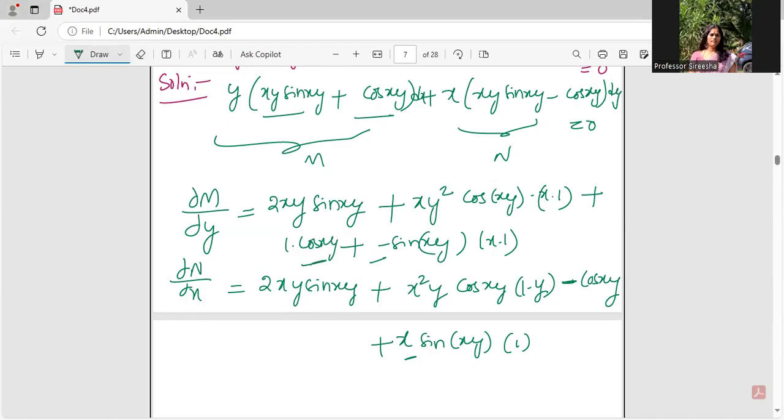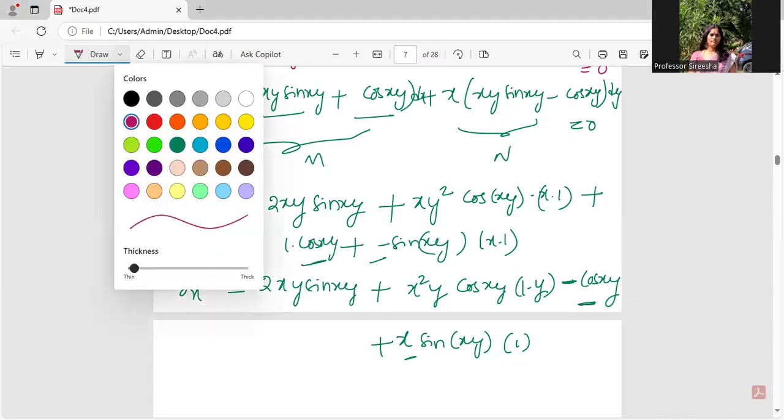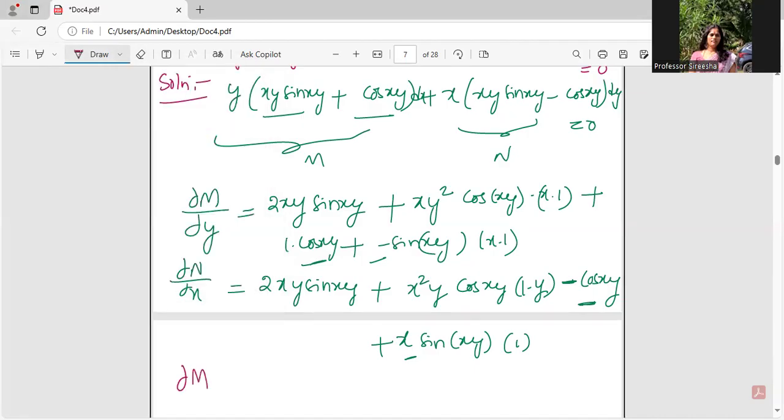This term and this term are same, but there's a change in the sign, plus and negative. So obviously, dou M by dou y is not equal to dou N by dou x. The given differential equation is not exact. You will write it like that.